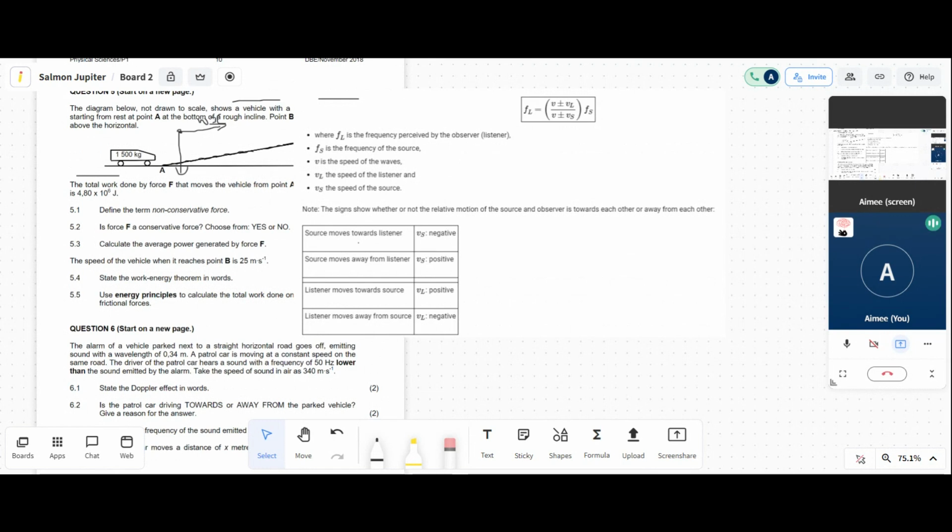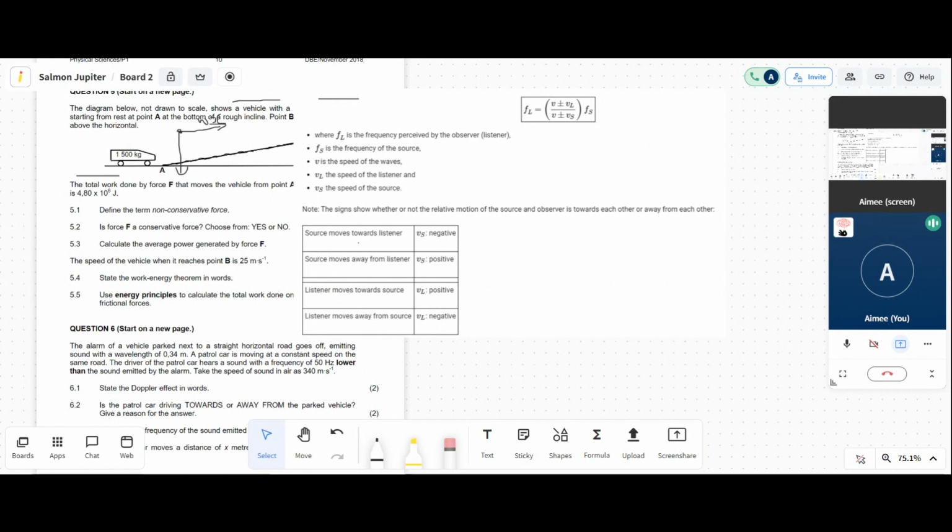Okay? And as you can see here in the middle, it says plus or minus. You need to be able to determine, are we saying velocity of sound through air plus the velocity of the listener, or velocity of sound through air minus the velocity of the listener?